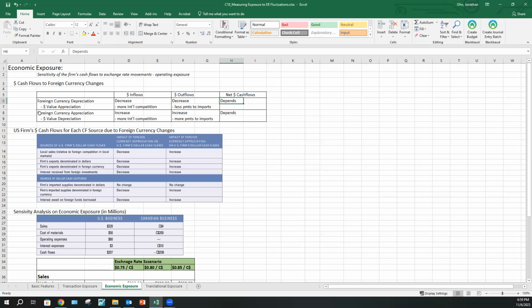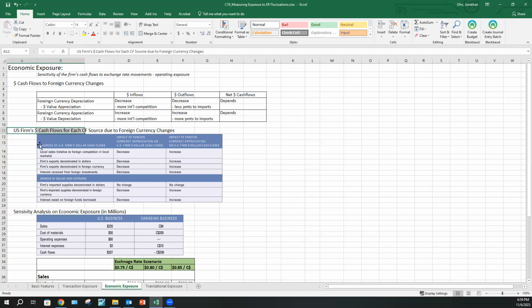And the opposite is true. Foreign currency appreciation means dollar value depreciation. In this case, dollar depreciation will help US export, so cash inflows increase. But because the dollar value depreciates, you have to pay more for import, so the cash outflows also increase, and the balance is the net impact for US companies.